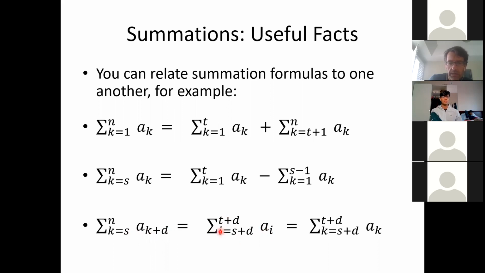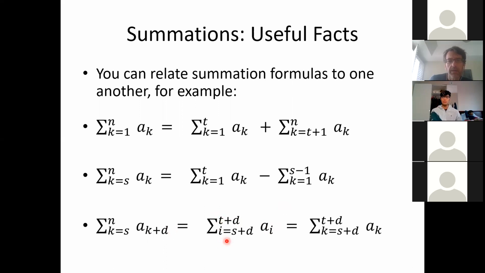If I call this i, then I start from s plus d. Let's verify that I did it correctly at the end, which I didn't because there's a typo. What's the last one? a of the last k, so that's n. So it's a at index n plus d. So if my index is i, the last index should be n plus d. Minus the typo, it is. So that's why I did this.